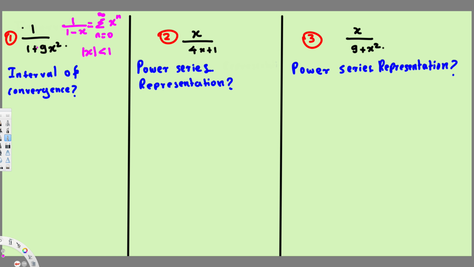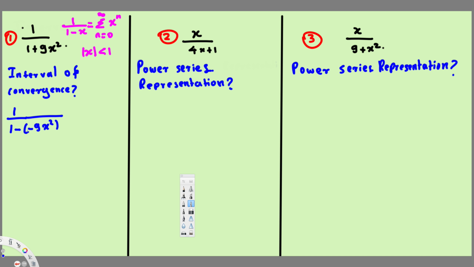Now let's look at this one. We have to bring this one into 1 over 1 minus x format, right? So here what we can do is write this one in a different way. Instead of writing it like this, I can write this one like 1 over 1 minus 9x square. It's the same thing. I just need the 1 minus, that's the main thing.